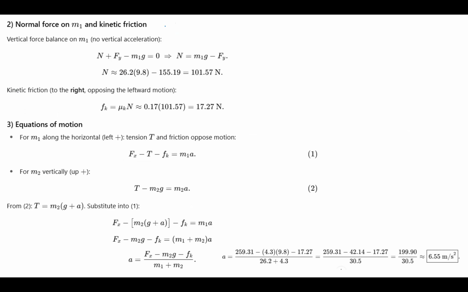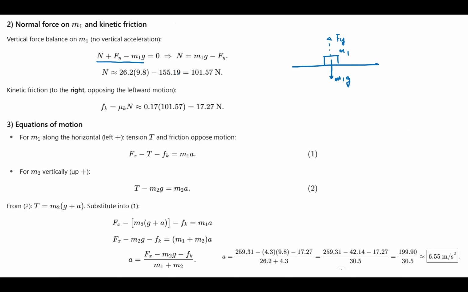The normal force on M1 and the kinetic friction: what is going to happen here is that all the forces on M1. Note that there's M1, and of course there's M1g, the gravitational force, and then there's an Fy here.